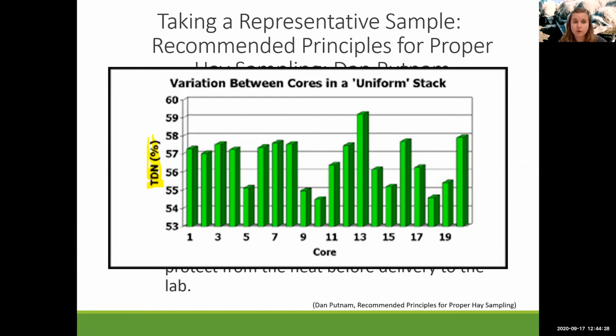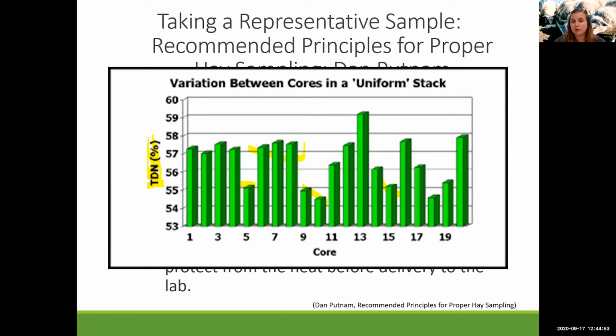So if we choose core 5, core 9 and 10, core 12 and 15, we've done our 5 cores, we think we've done a great job. But in fact, we have shorted ourselves because we are underrepresenting the amount of energy. We're going to end up over supplementing energy, and we're going to end up with fat animals.